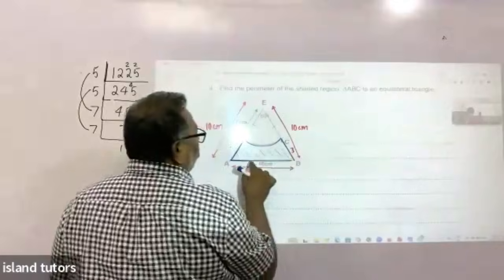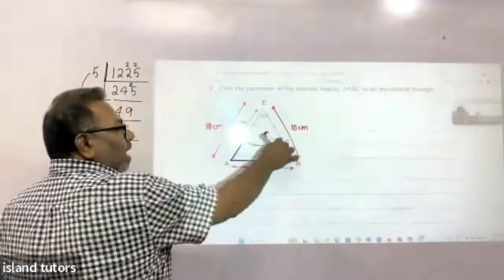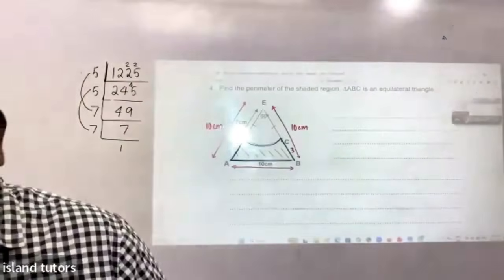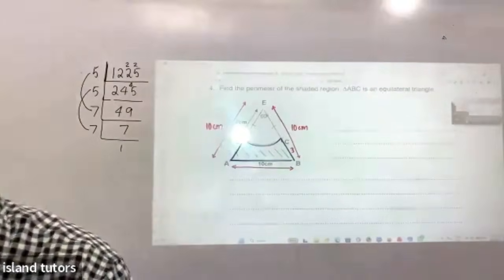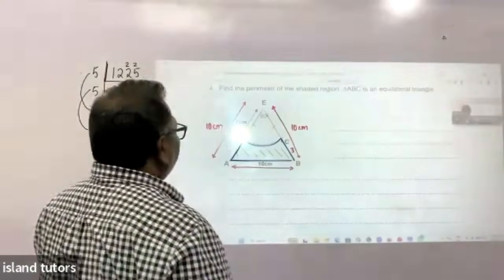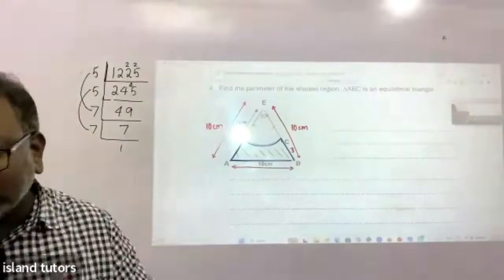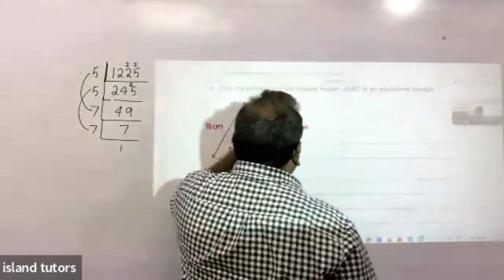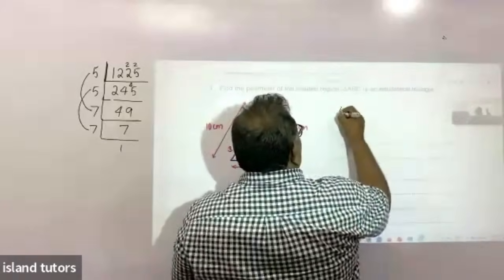So, first and foremost, we have to find the arc length here. We have to find the arc length given over there. Right. So, what are the details we know? We know AE is equal to AB is equal to EB because it's an equilateral triangle.